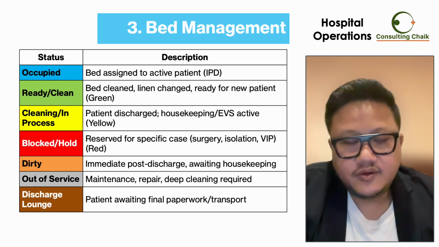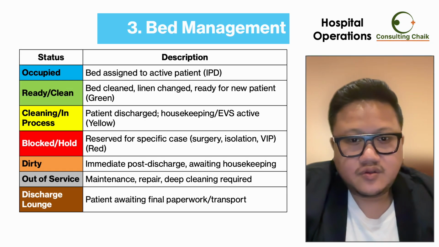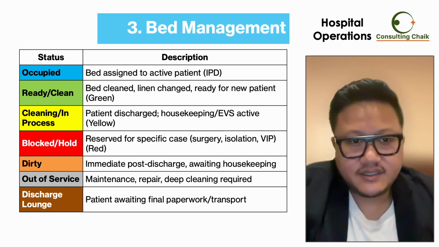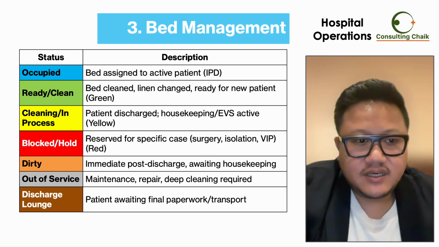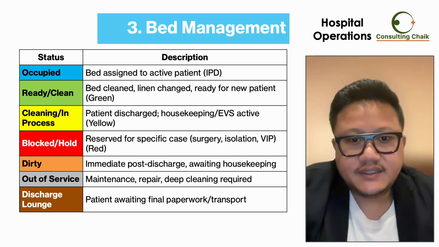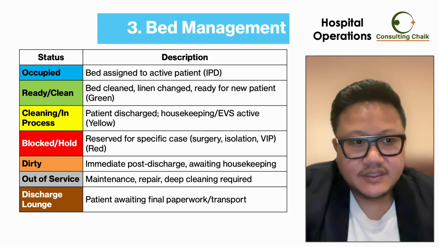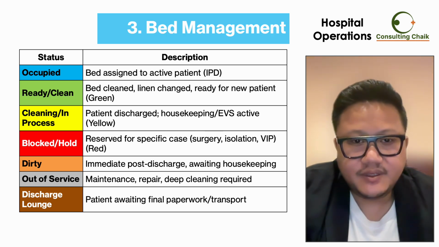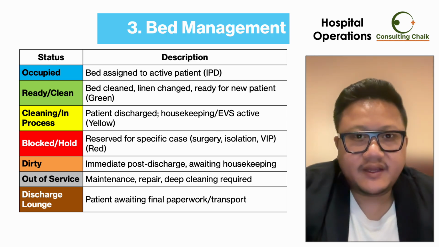Bed management, how do you do that? On the left side of the screen, you can see different colors you can have in your HIS. These are typical types of status of beds. Blue is for an assigned bed, which are active patients where the patient is occupying the bed.